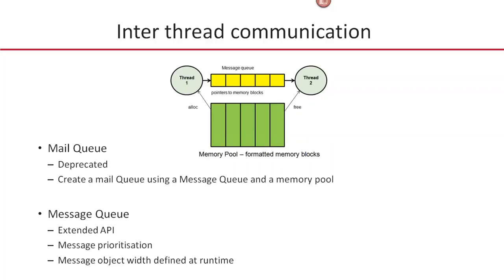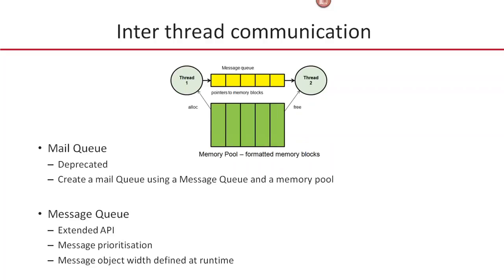So we can create a memory pool which allows us to store formatted data, and then we post pointers into the message queue to the particular memory pool block of data that we want to pass to another thread. So this is a very efficient way of transferring data between two different threads. It's a zero copy mail queue, so we're only moving a pointer rather than piping large blocks of data between two threads.